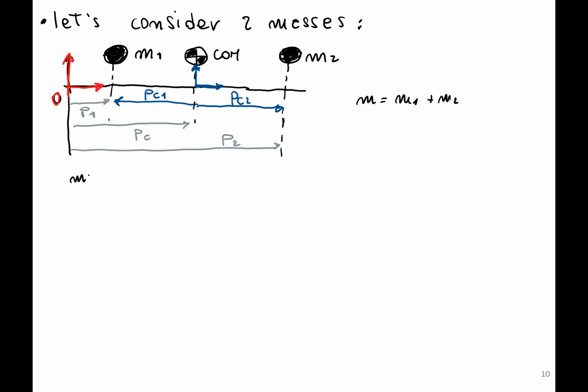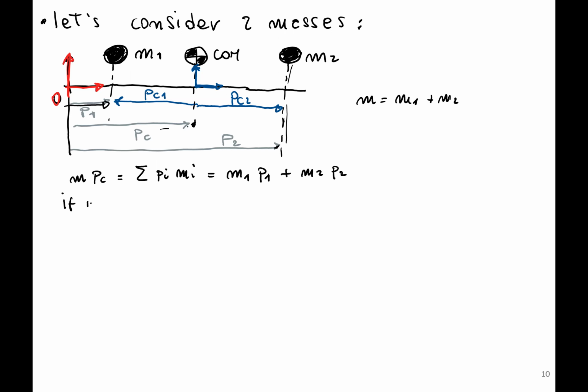We take the previous equation, transform the integral into a summation, and we get m1 times p1, the position of the first mass, plus m2 times p2, the position of the second mass, and pc is the position of the center of mass.